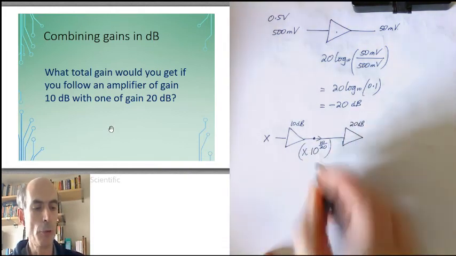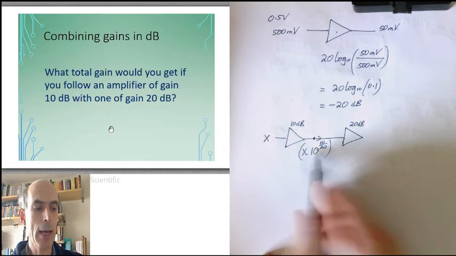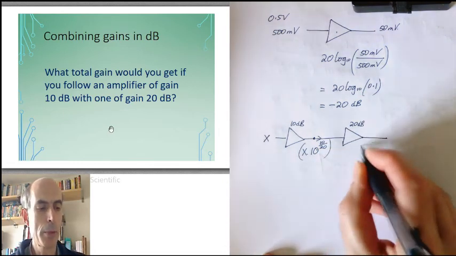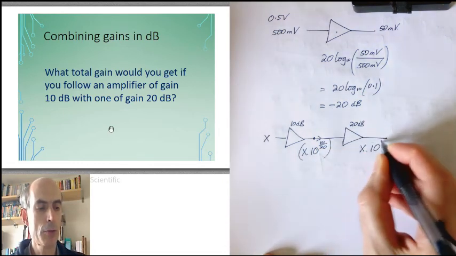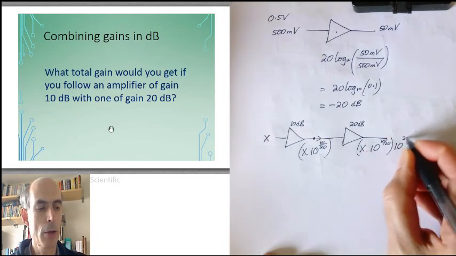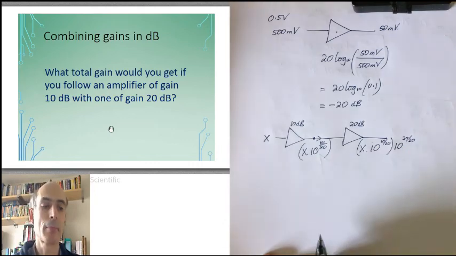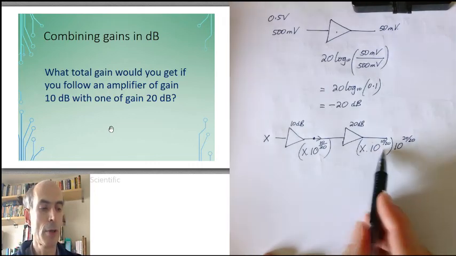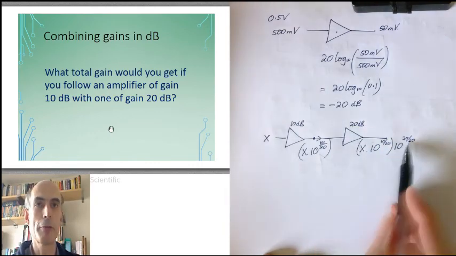Well, this is the input to the second amplifier, so the output of the second amplifier will be X times 10 to the power of 10 over 20 times 10 to the power of 20 over 20. The input times the voltage gain of this amplifier.